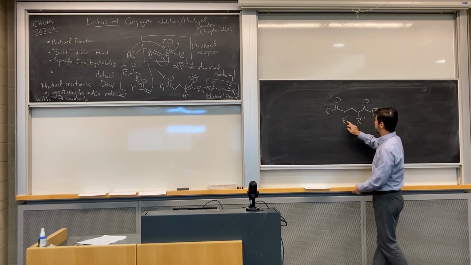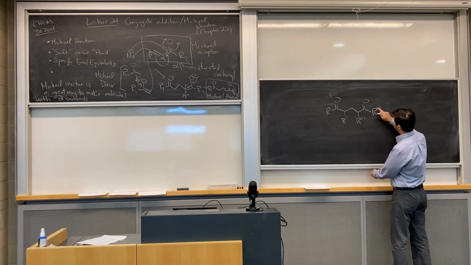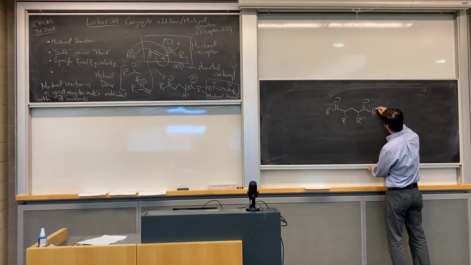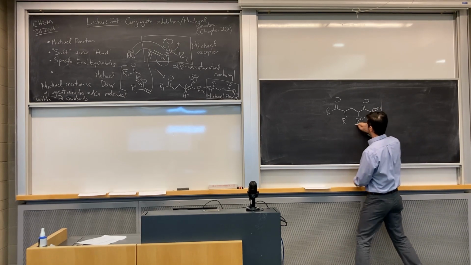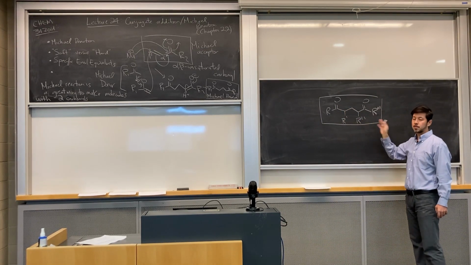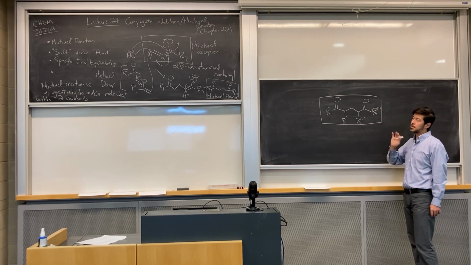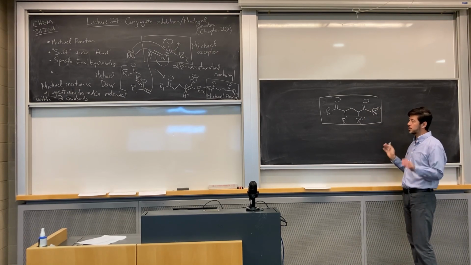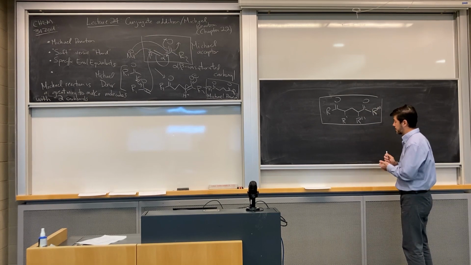R prime, R double prime, R, this is R triple prime. Based on what we saw over there, how could we make this compound using a Michael acceptor, Michael donor approach? What would those starting materials look like?